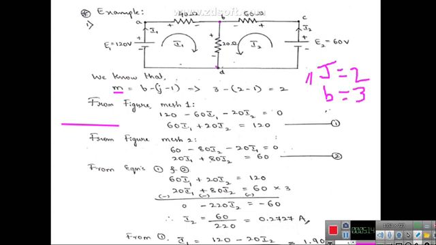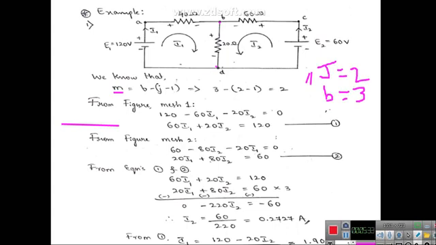Now that you have identified the junctions and branches, you can substitute those values in this equation. With b equal to 3 and j equal to 2, you get the number of mesh equations to be written for the given network as 2.